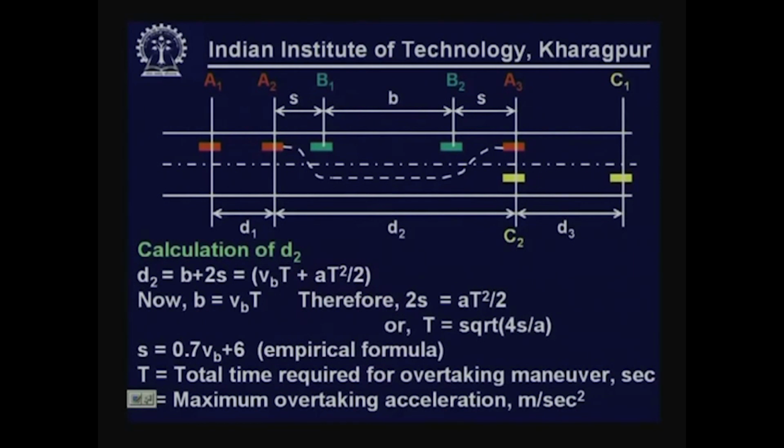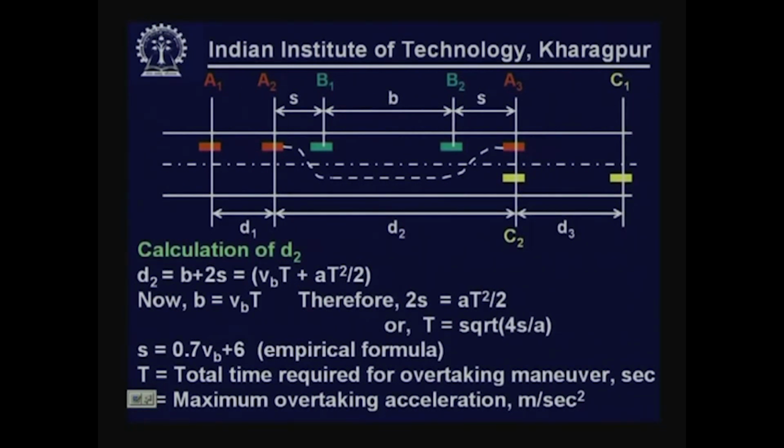Now, b is again v_b multiplied by T, because the slow moving vehicle, during the complete time T, is covering this distance and the slow moving vehicle is travelling at uniform speed.